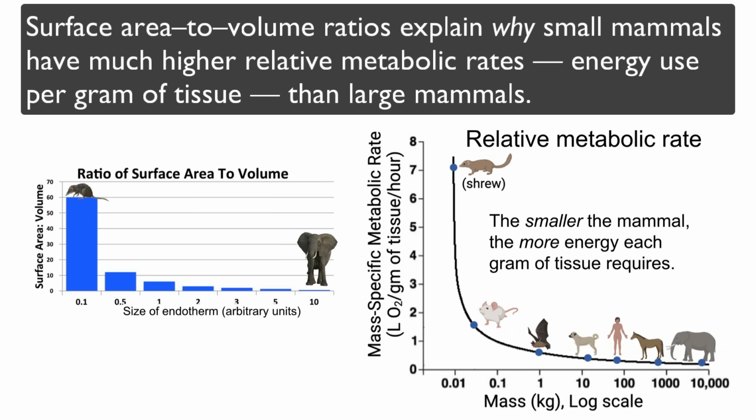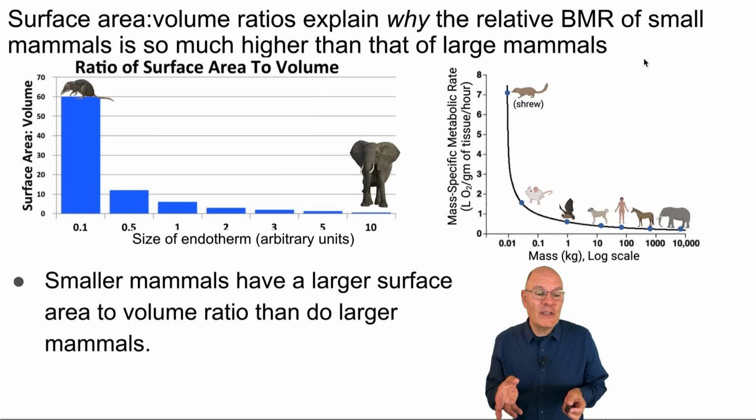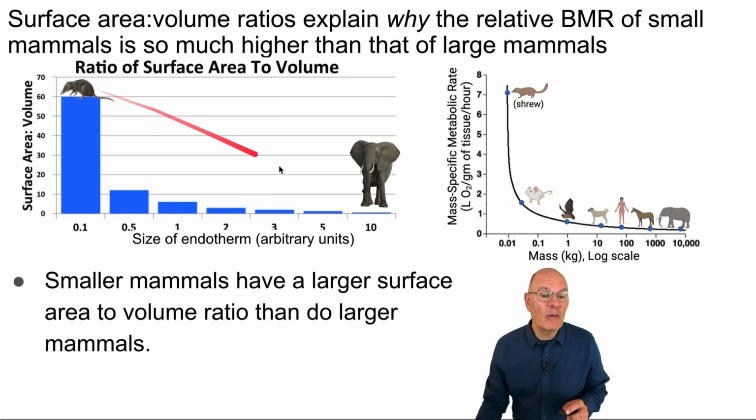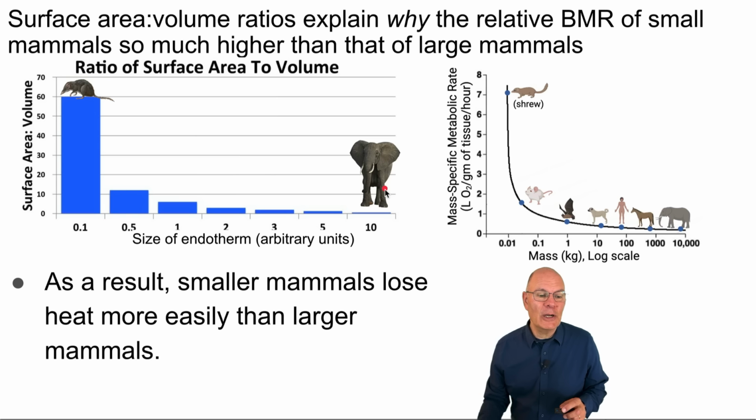Surface area to volume ratios explain why small mammals have much higher relative metabolic rates, that's energy use per gram of tissue, than large mammals. As we've established, smaller mammals have a larger surface area to volume ratio than do larger mammals. Here's a shrew over here, here's an elephant over here.